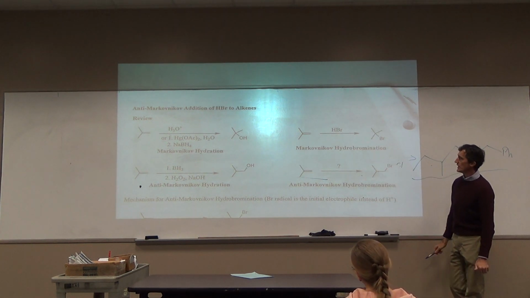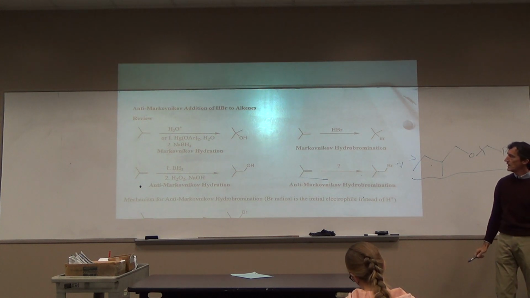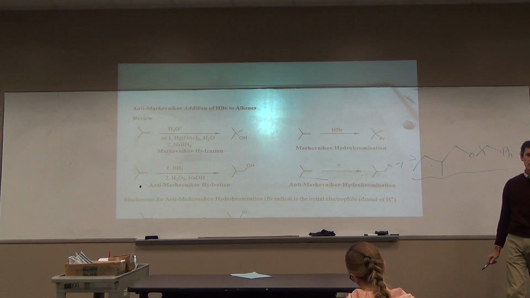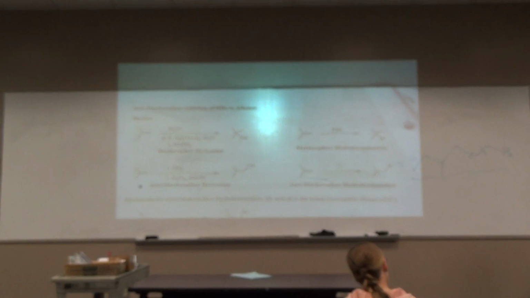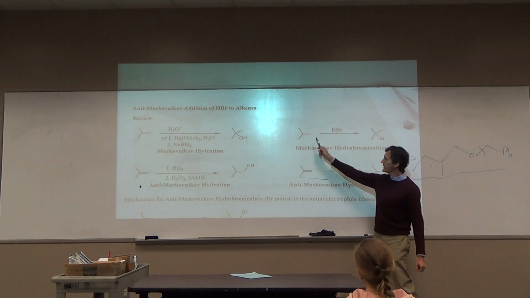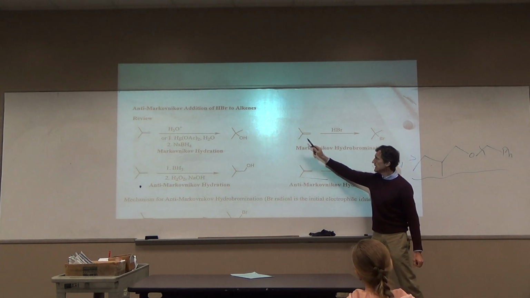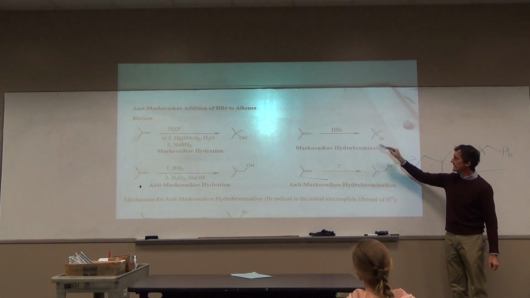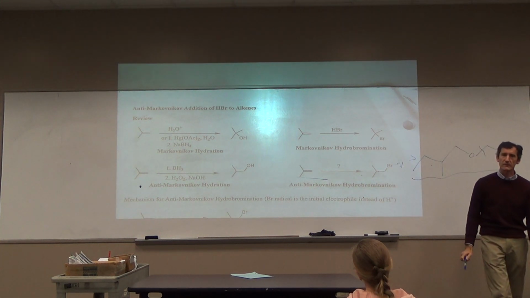And we can call that a Markovnikov hydrobromination. Markovnikov meaning, to me, and what I tried to get you to think about, it's sort of a standard reaction based on where you're going to form carbocation. Where are you going to make carbocation, left or right? Left. And then the bromide adds to the cation. That's why bromine is now there.